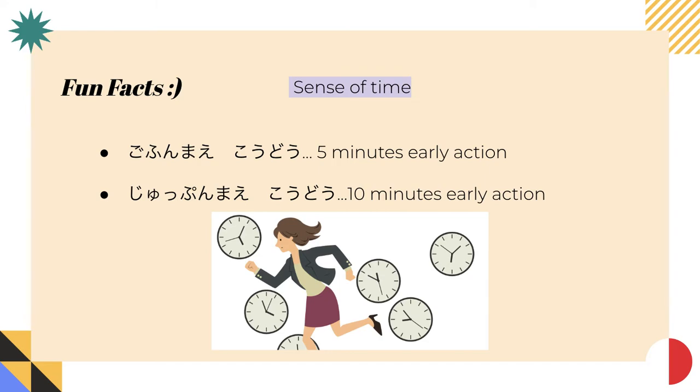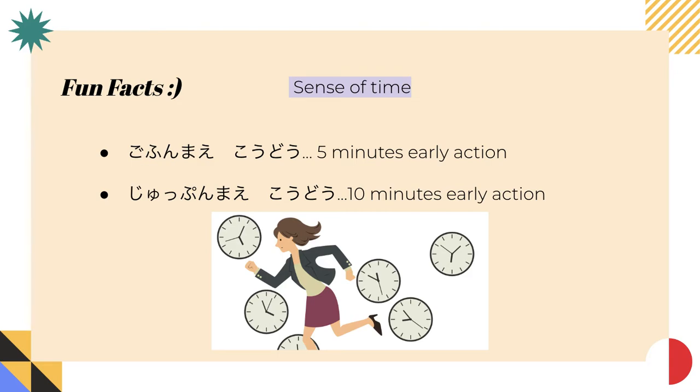All the Japanese students learn that they must be 5 to 10 minutes early whenever they're meeting up with someone.